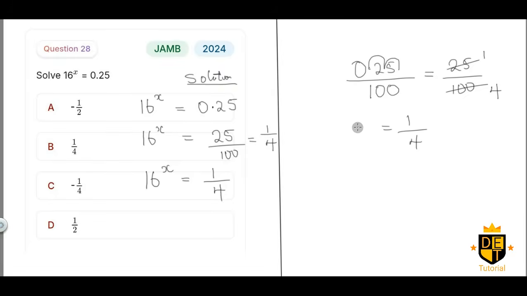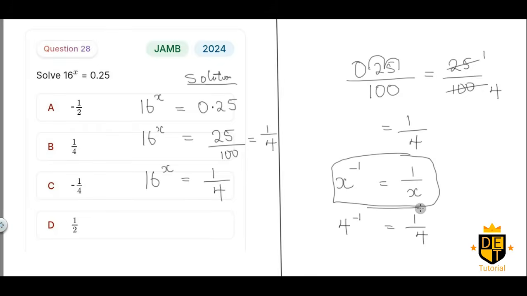From the negative index law of indices, you should know that x raised to the power of minus 1 is equal to 1 over x. The law states that x raised to the power of minus 1 is equal to 1 over x. So 4 raised to the power of minus 1 will be equal to 1 over 4.